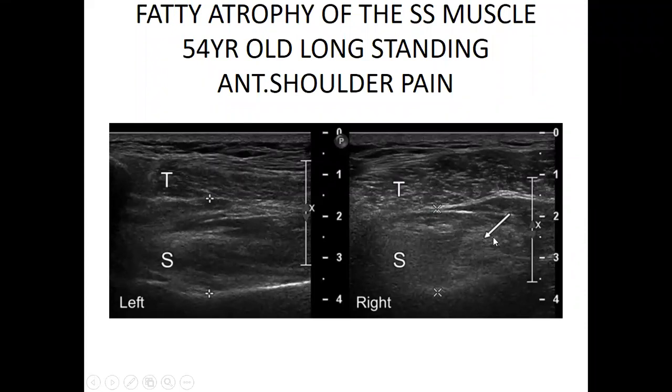You can see here there is some ill-defined appearance, but still you can appreciate that there was some abnormality going on there. But this was classified as long-standing muscle atrophy and pain within the anterior compartment.